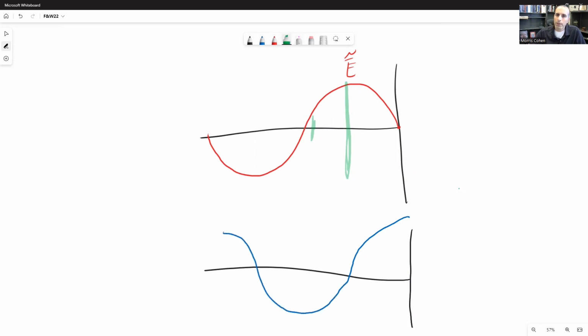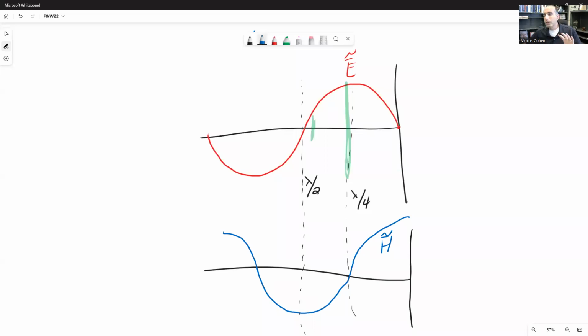So this point lines up here. This is 1/4 wavelength away from the boundary. And this point right here is 1/2 wavelength away from the boundary. And this represents the magnetic field phasor.